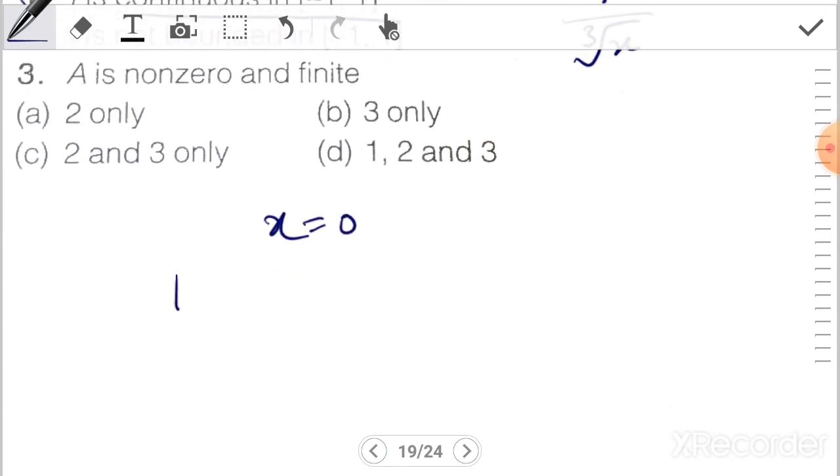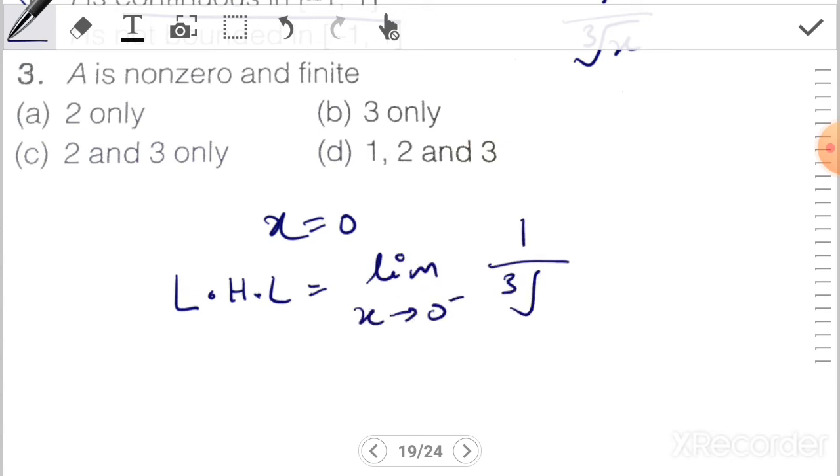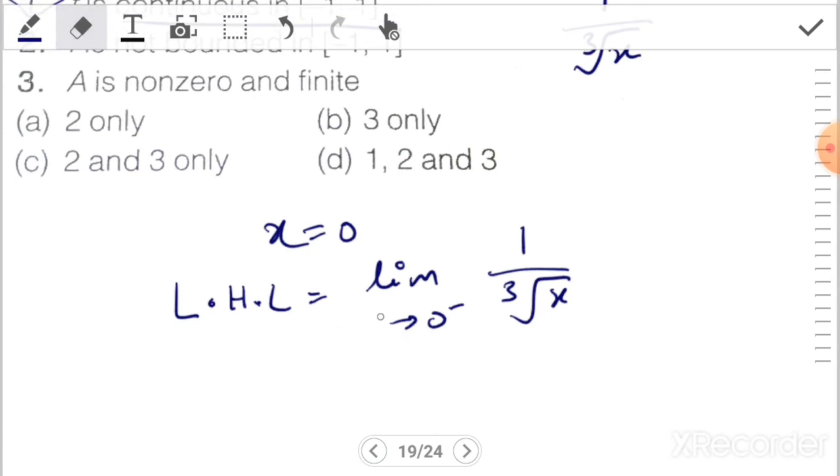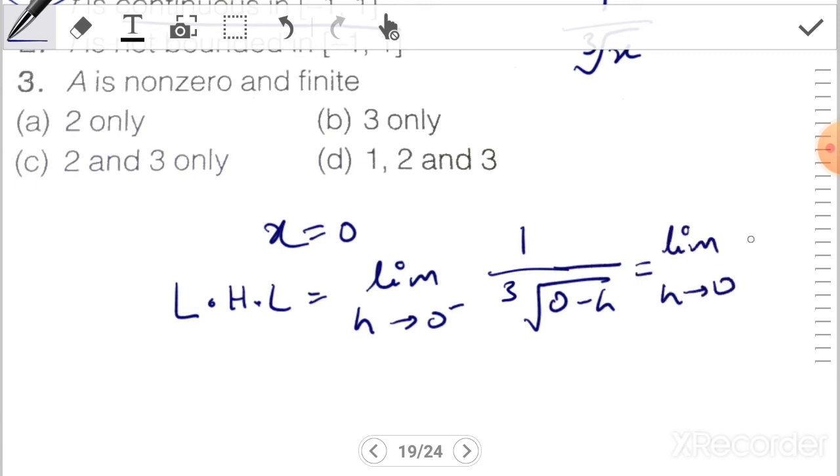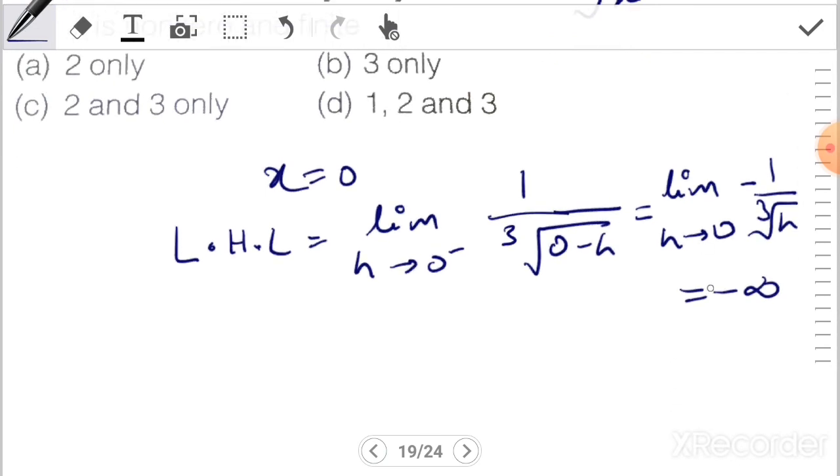So left hand limit, x tends to 0 minus, 1 by cube root of x is nothing but, say, 0 minus h, limit h tends to 0, 1 by cube root of minus h, which, if you put h equal to 0, is minus infinite. This value tends to minus infinite.